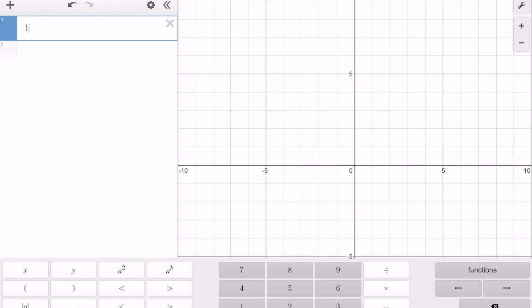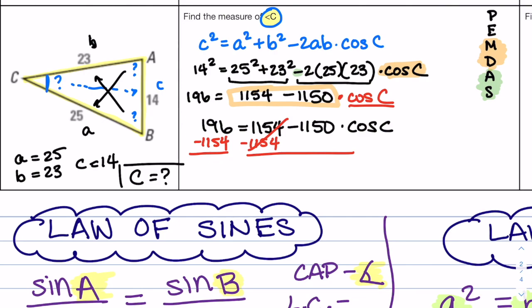So I get negative 958. So this is negative 958 is equal to negative 1150 cosine C.